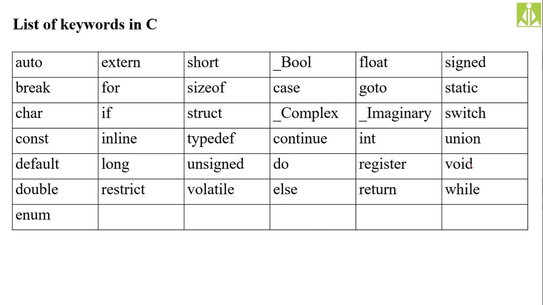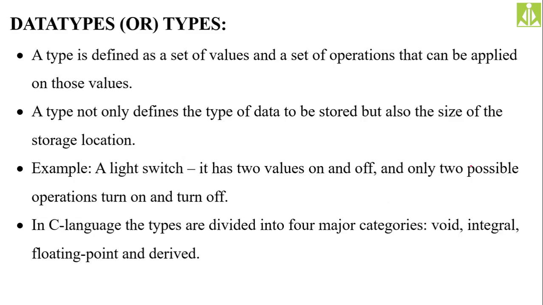Because of that, you can't simply name any variable with these keywords. That means you can't use these keywords as identifiers in your C program. Hopefully you understood. The next concepts are types and variables, which we will see in our next session, hopefully.